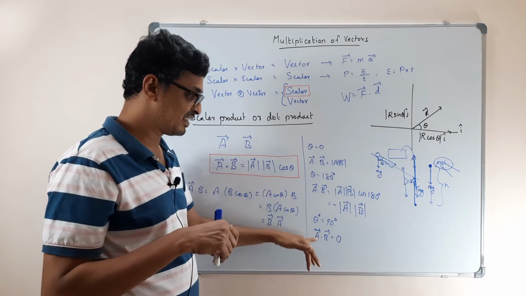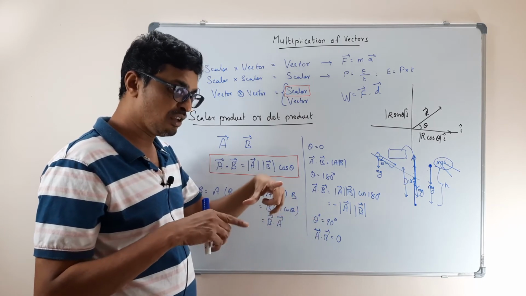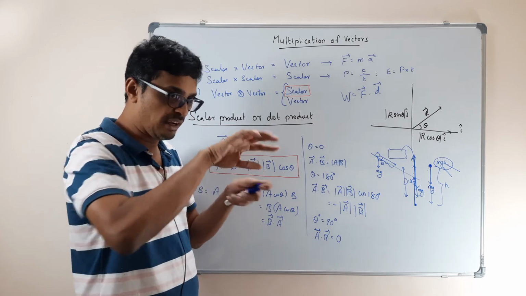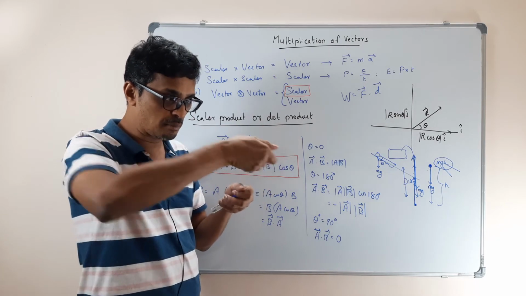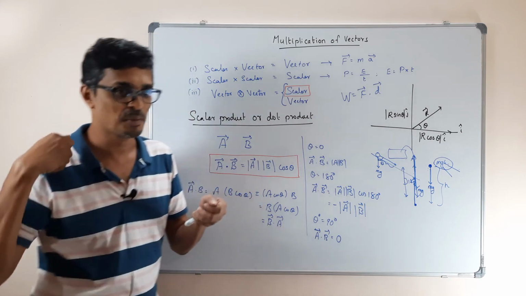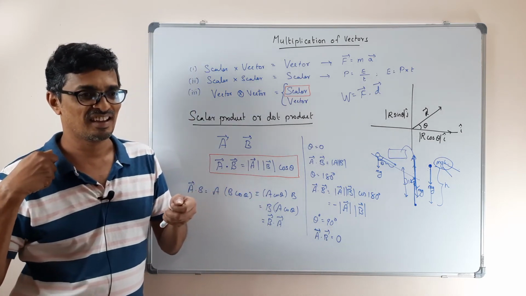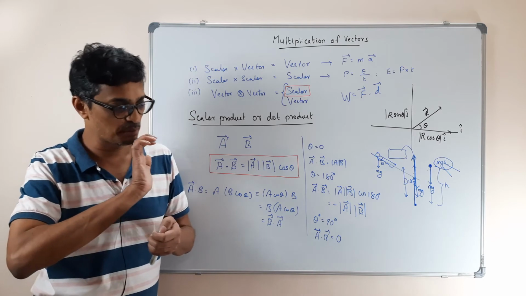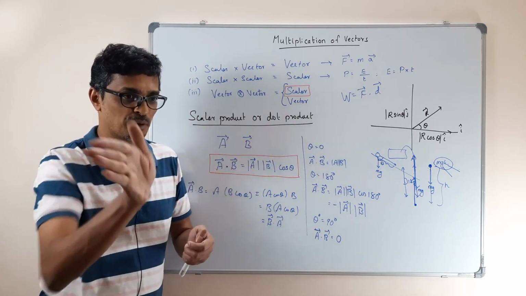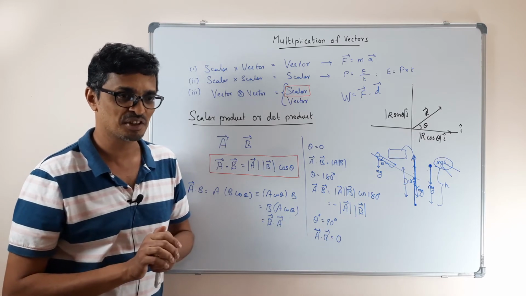So this is right. I'm asking you a question. Can you move a stone or anything perpendicular by applying a force like this? You are pushing a ball. Can the ball go exactly perpendicular to the direction you pushed?